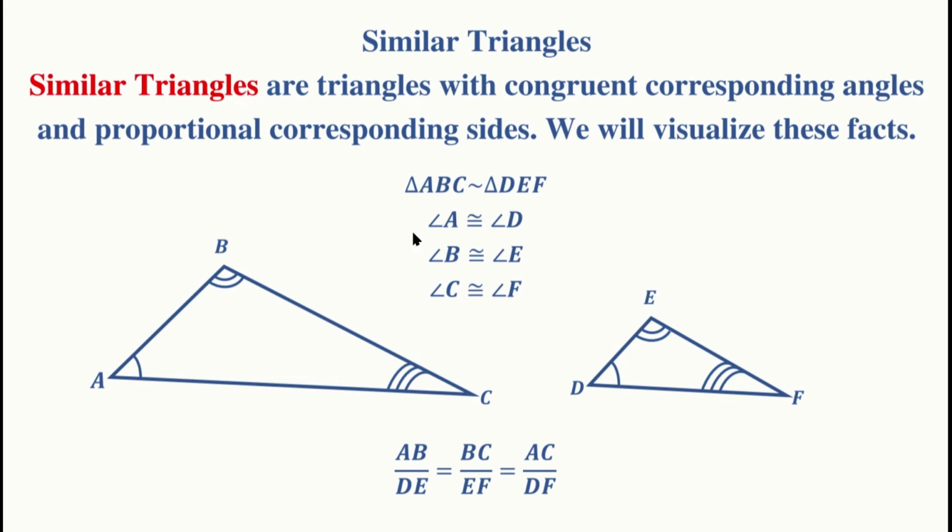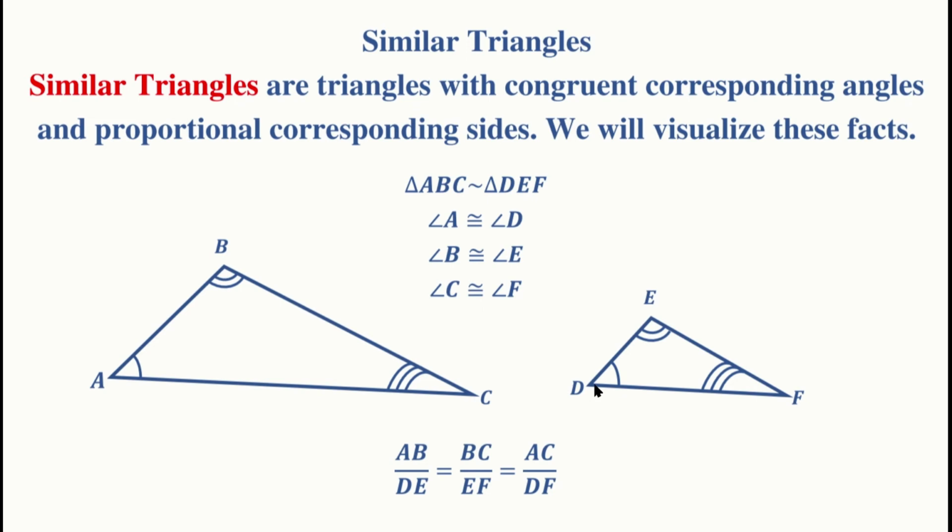Now, notice that when you write the similarity statement, it's very important that you put the corresponding letters from each triangle in the correct position. So remember, A goes with D, B goes with E, and C goes with F. So they're in the correct corresponding position.